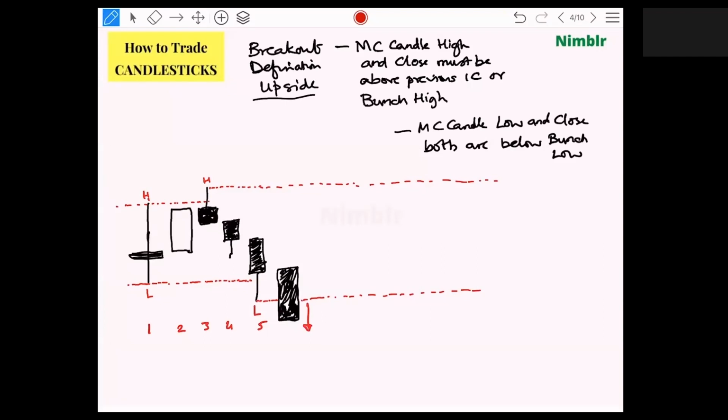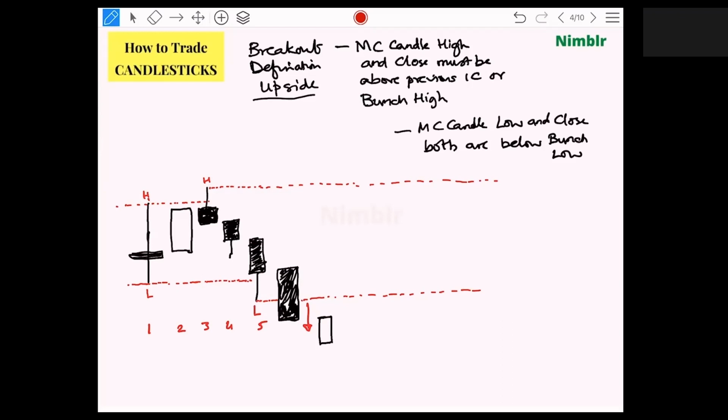Now what happens? The next candle will come here, start to open here. It may move further down. Right?